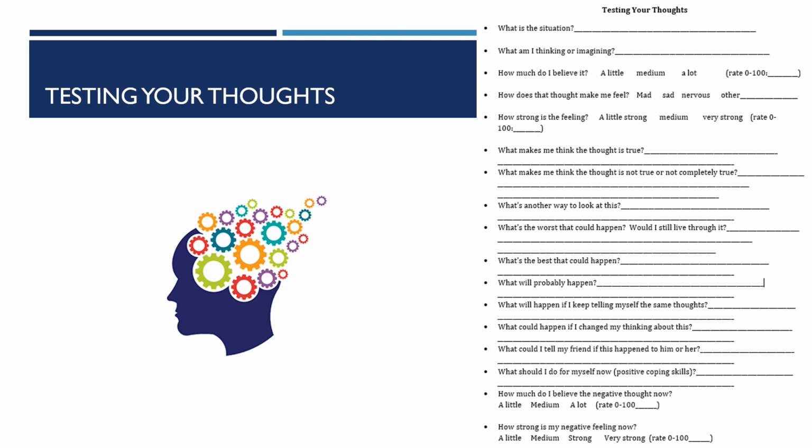And then the reactions, like how does the thought make me feel, and the intensity of the feeling. And then all this process of generating alternatives. So clients don't have to do it themselves. They don't have to deal with the worksheet, but you can engage your clients to do this in session.